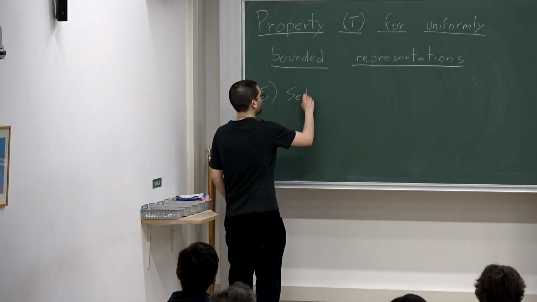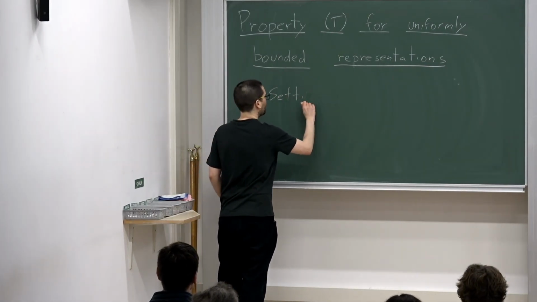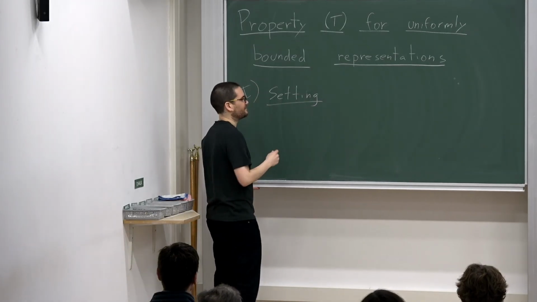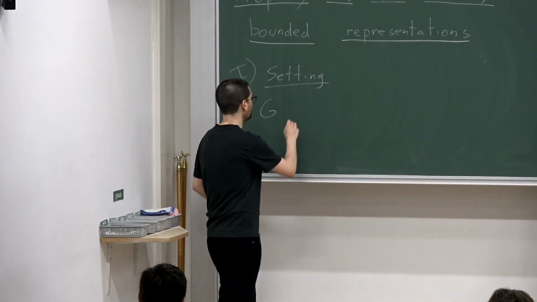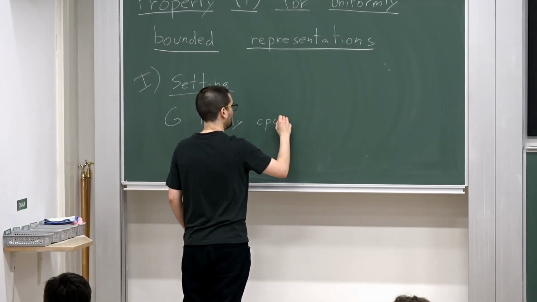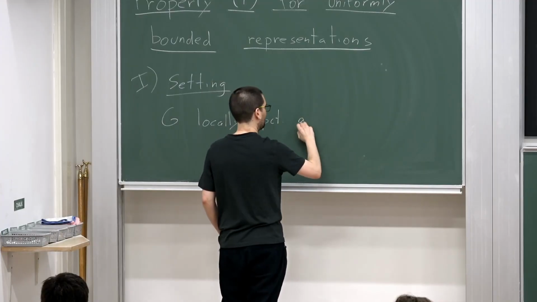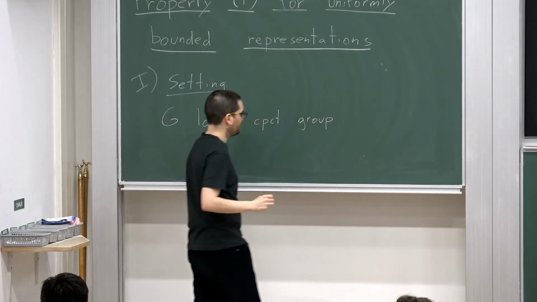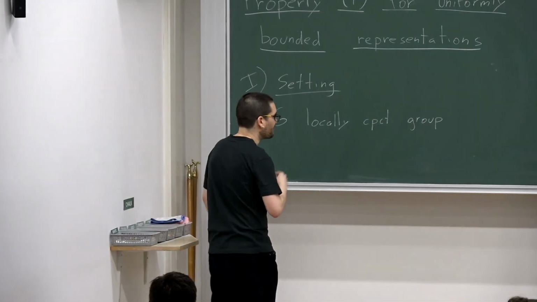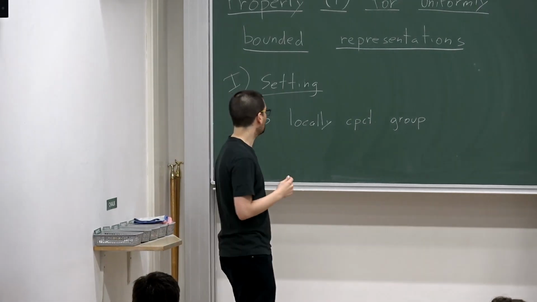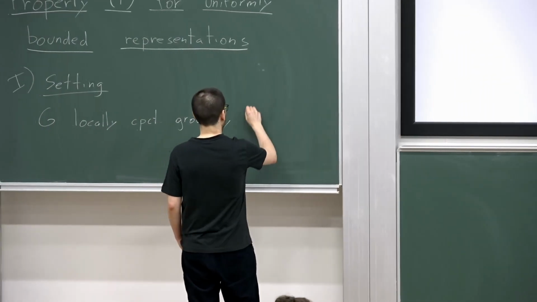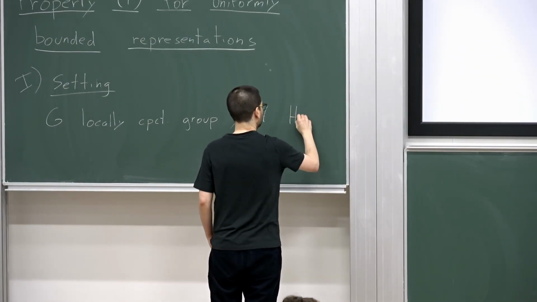So the setting is the following. G will be a locally compact group, mainly because some of the interesting examples will be Lie groups. So I do this at this level, and H will be a Hilbert space.